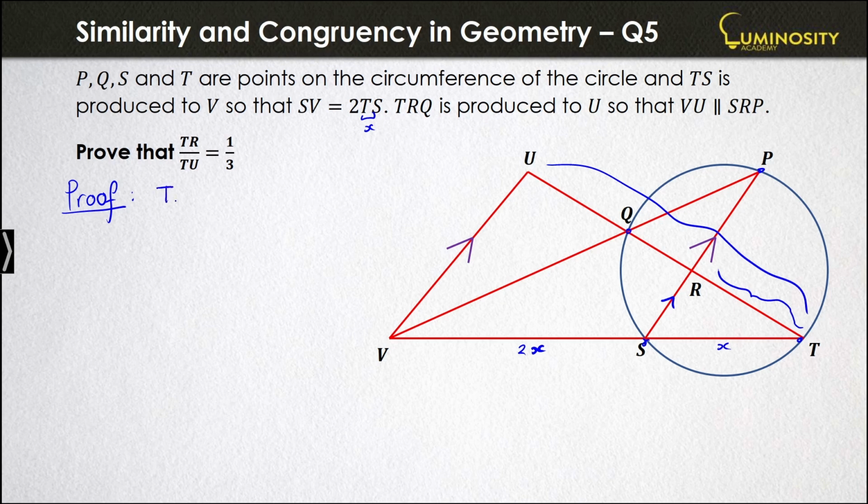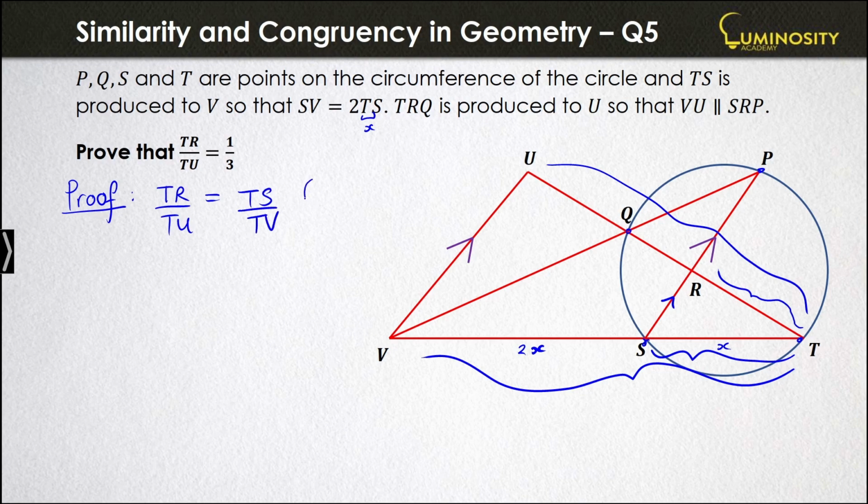So I can say that TR over TU is in the same proportion as TS over TV. The reasoning there is the proportionality theorem in triangle TUV, because SR is parallel to UV. So how does that help us?